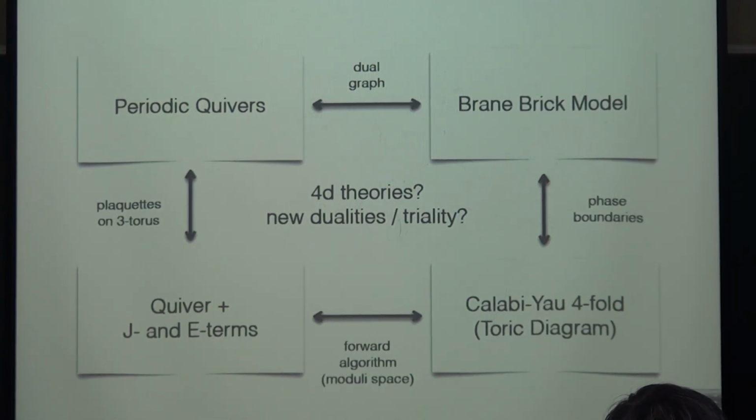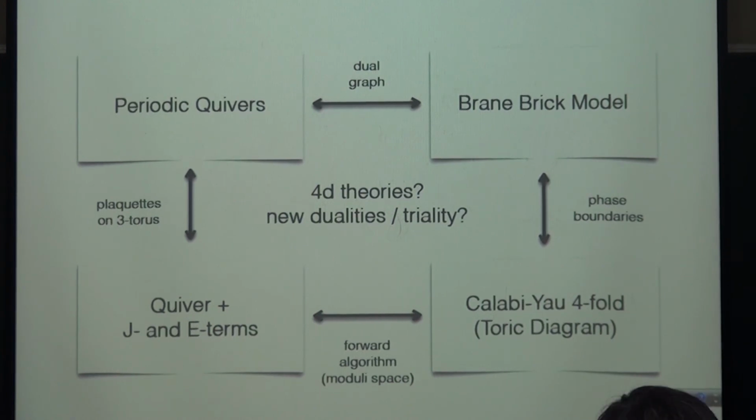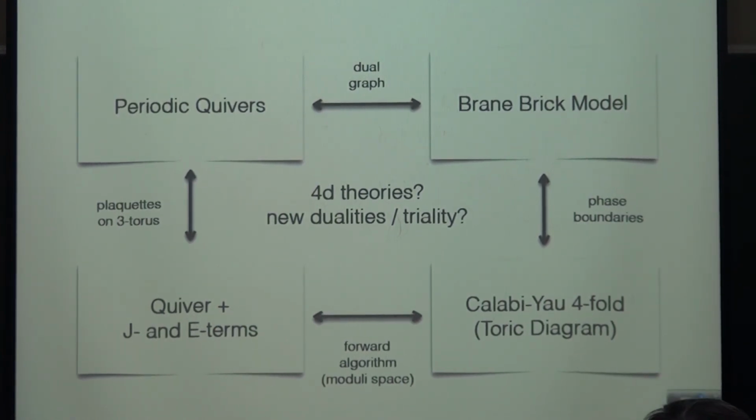And also another thing, do you think that this geometrical understanding can help in classifying, for example, the possible 2D 0,2 theories that you can construct? Well, we have the language to classify.